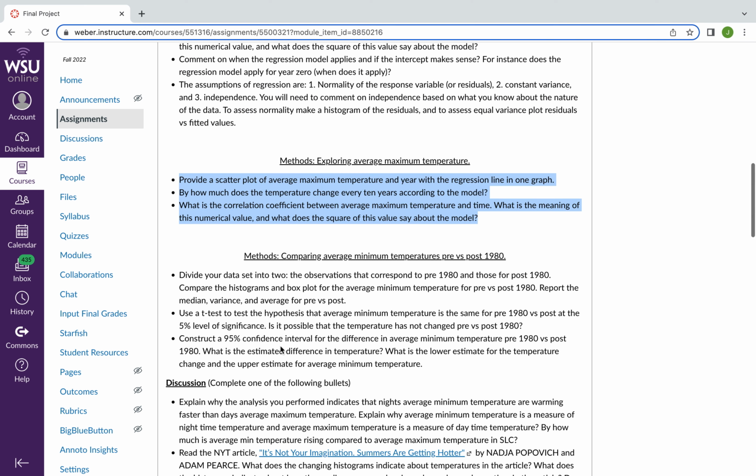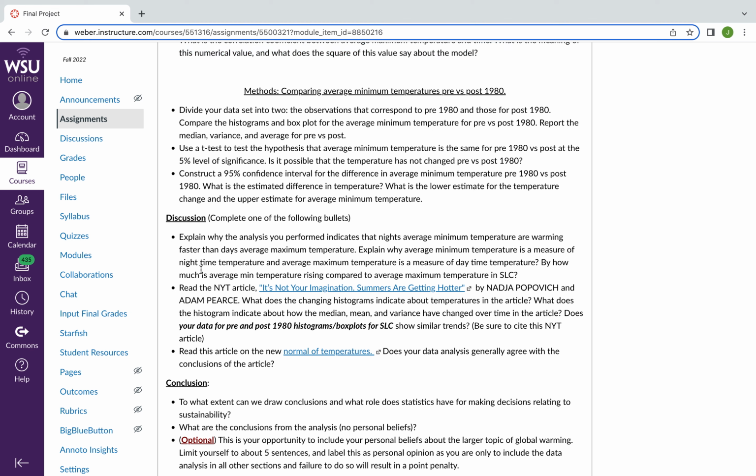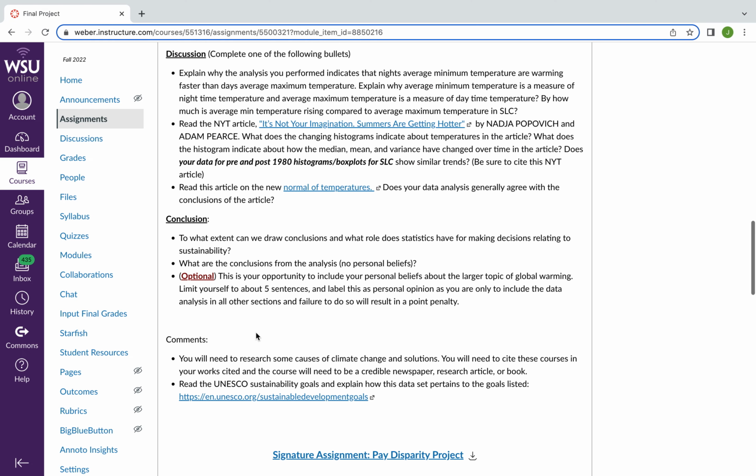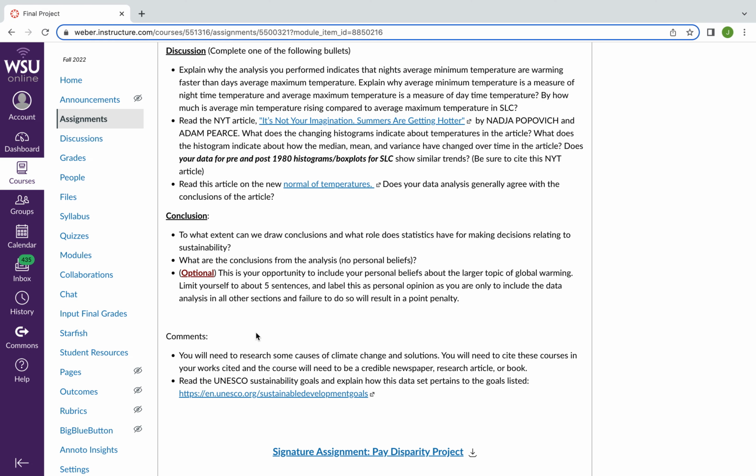Okay, then you should discuss your results. Okay, and here are a few prompts for discussion. You need to complete at least one of the bullets, and then you need to arrive at a conclusion. I should note that this is not an opinion piece on either of these projects. It is simply for you to report what you find. Okay.